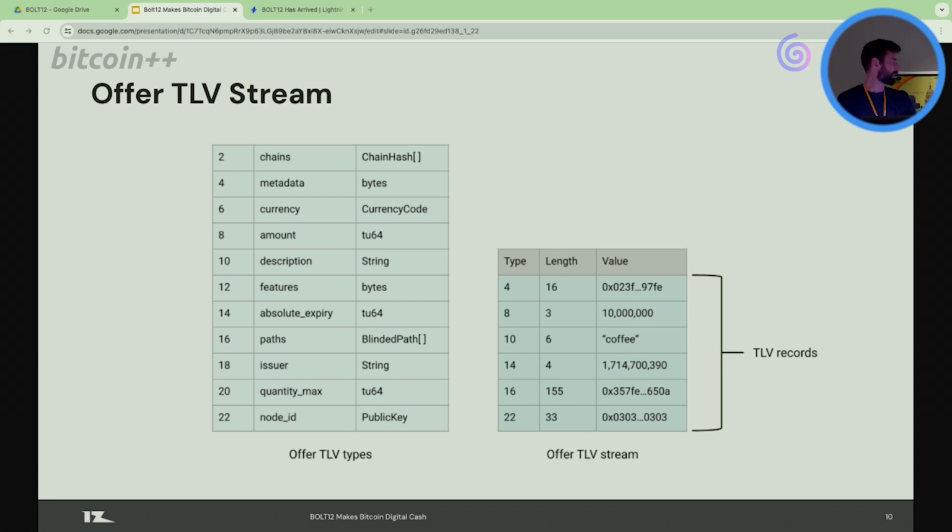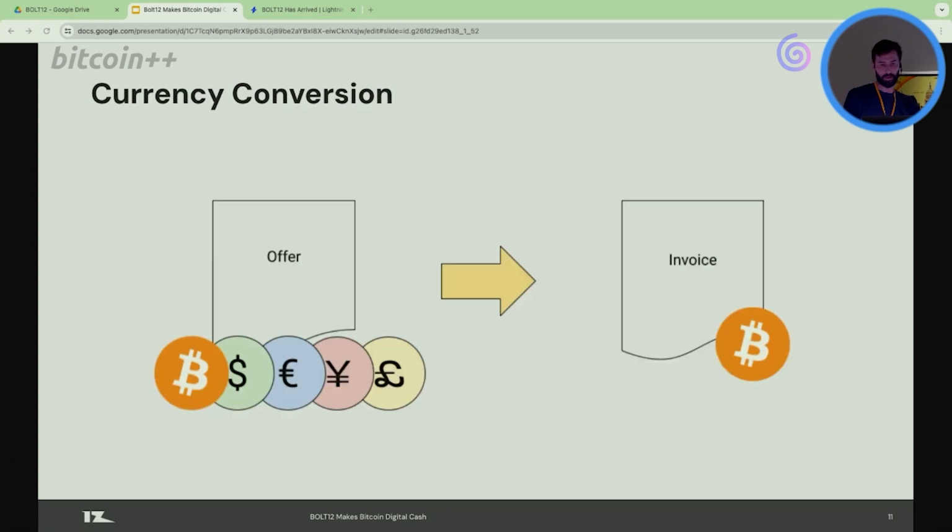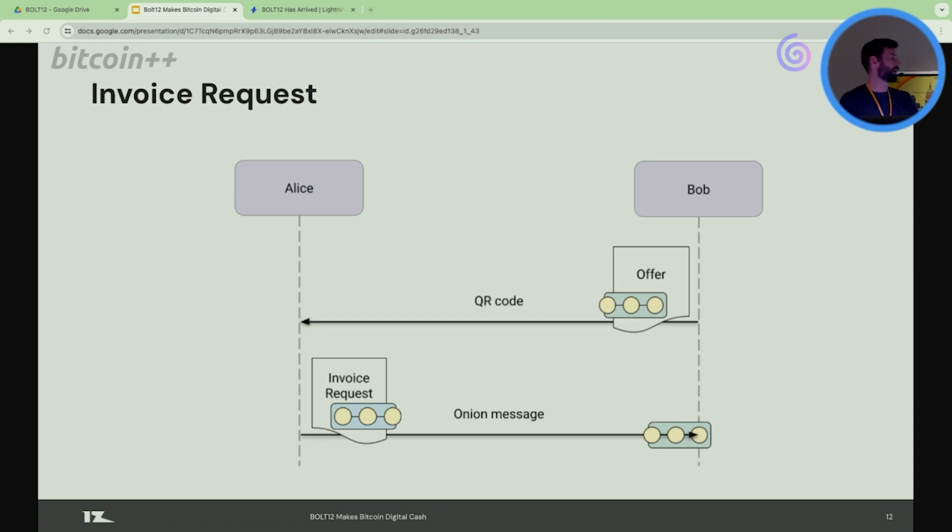So that's basically what an offer is. That's how it's represented. So let's move on. One thing I talked about earlier: the offer can be denominated in any currency, but eventually the invoice will be only in Bitcoin. So let's continue.